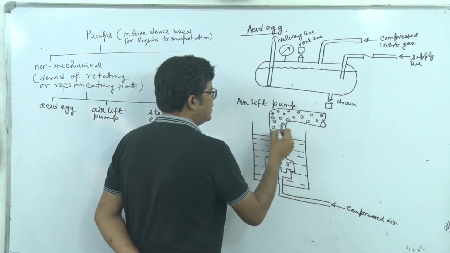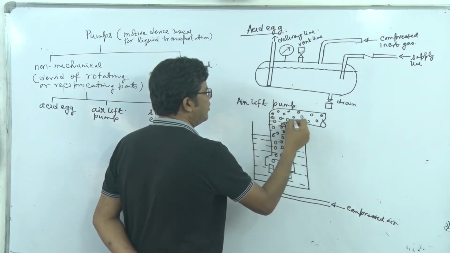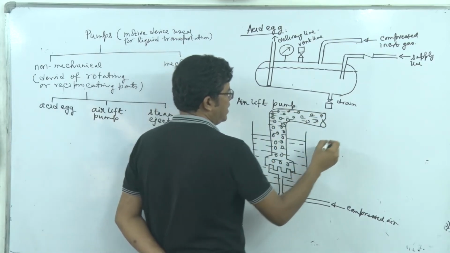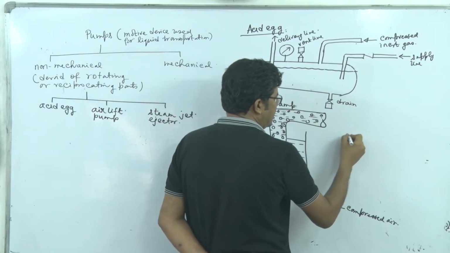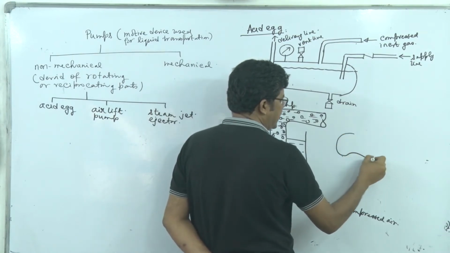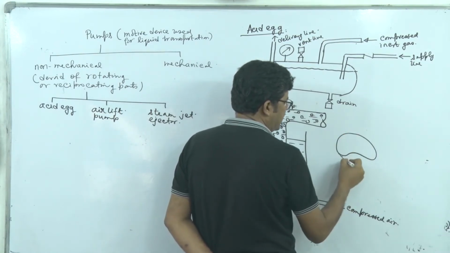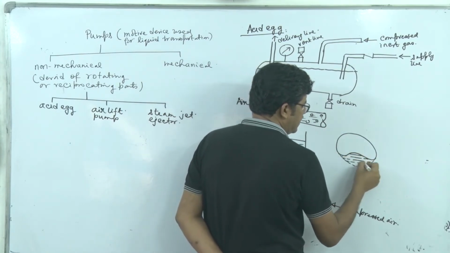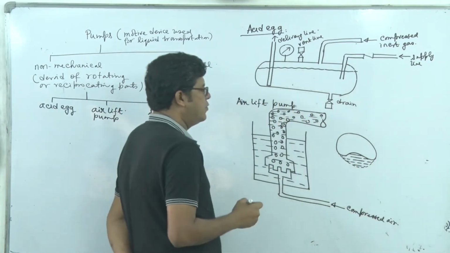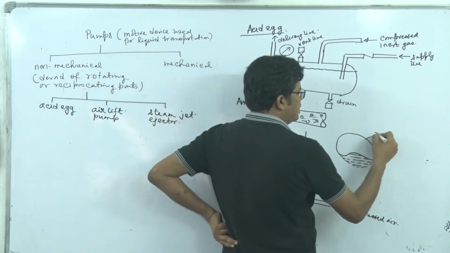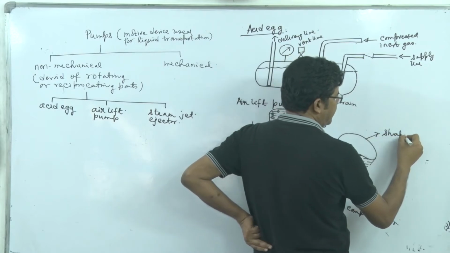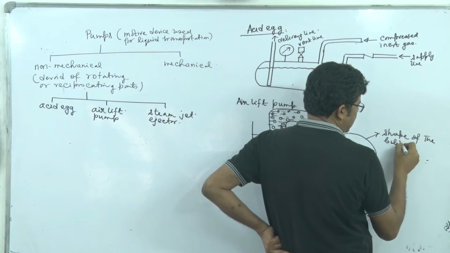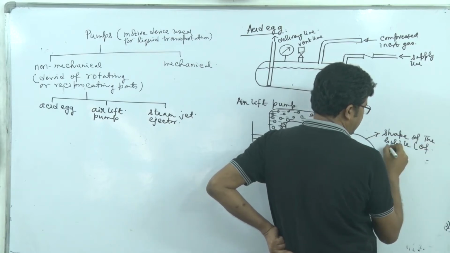Whenever a compressed air bubble moves through a pool of liquid, it assumes a shape like this, and individually it transports this much amount of fluid.